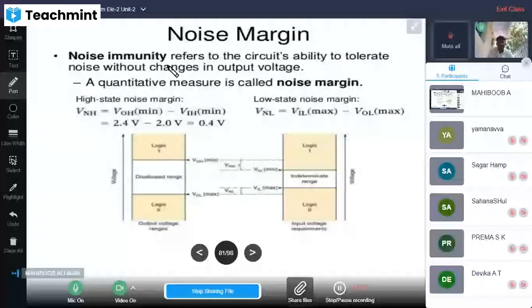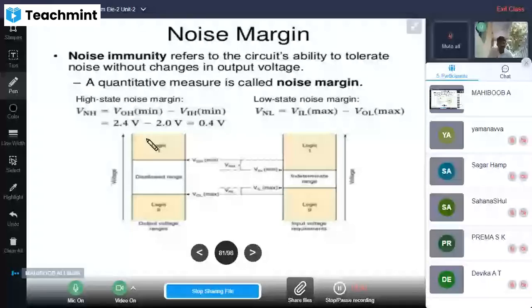Noise immunity: another definition related to logic gates. Noise immunity refers to the circuit's ability to tolerate noise without changes in its output voltage. A quantitative measure is called noise margin. High state noise margin VNH equals VOH minimum, output high minimum, minus VIH minimum, input high minimum.